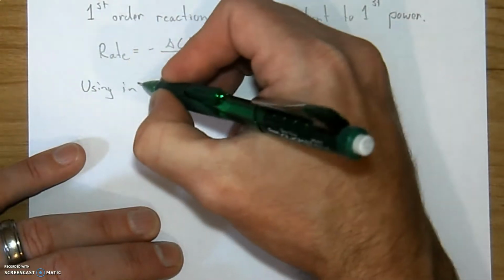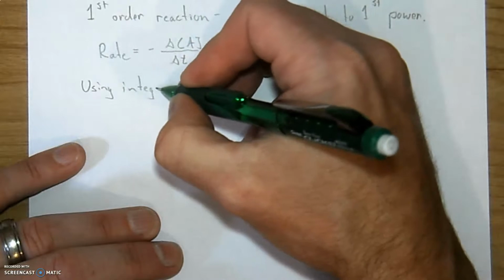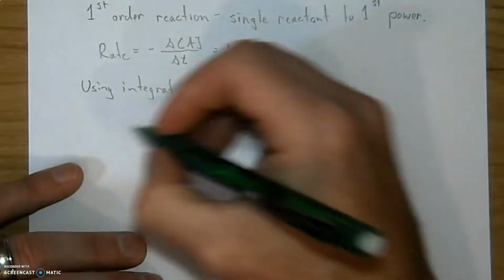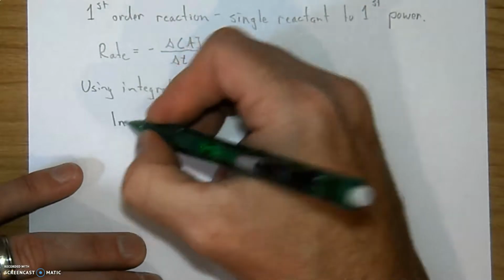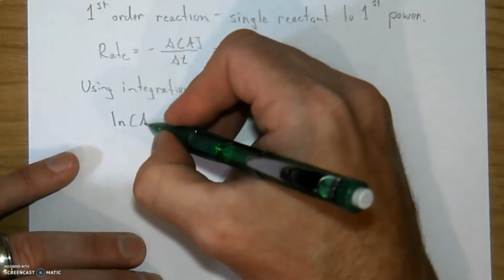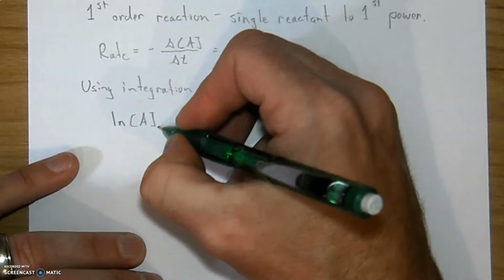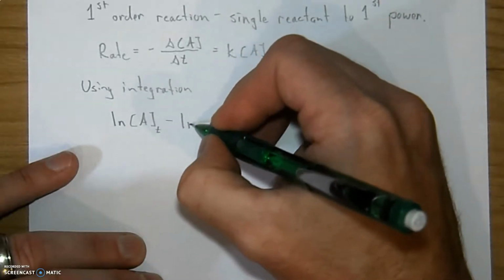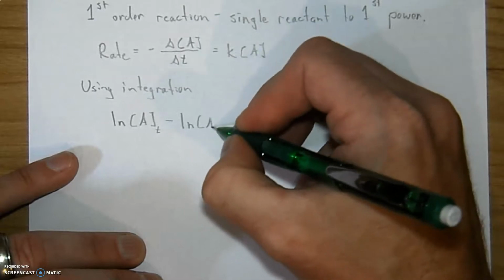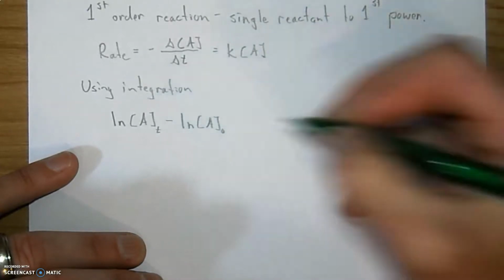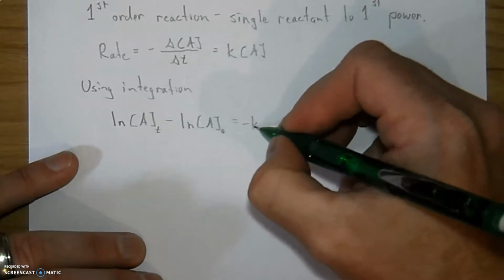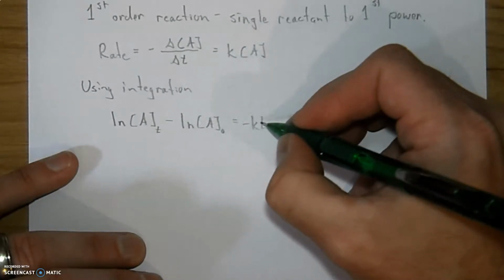Using integration, a little behind the scenes calculus, what this would become is natural log of A at some time minus natural log of A initially is equal to negative rate constant times some time.